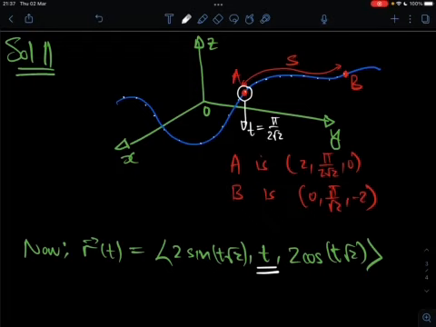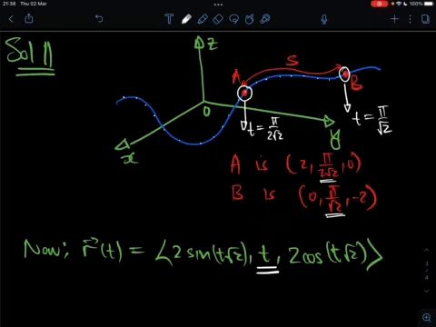Then if you do the same thing here, the parameter that corresponds to that is t equals pi over root 2, because as the length of the curve changes from A to B, the parameter changes from this value to that value. So these are our limits of integration: we are integrating from pi over 2 root 2 to pi over root 2.